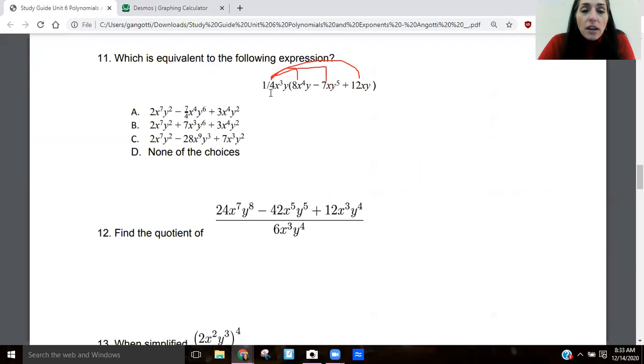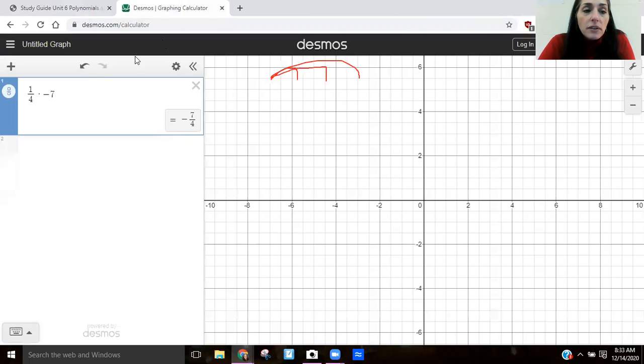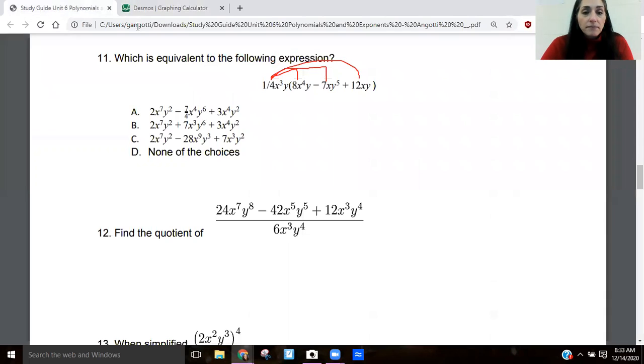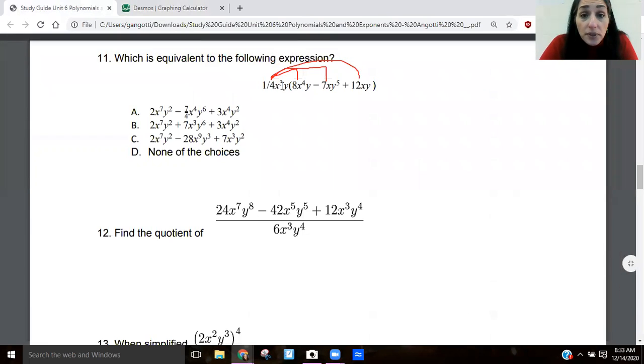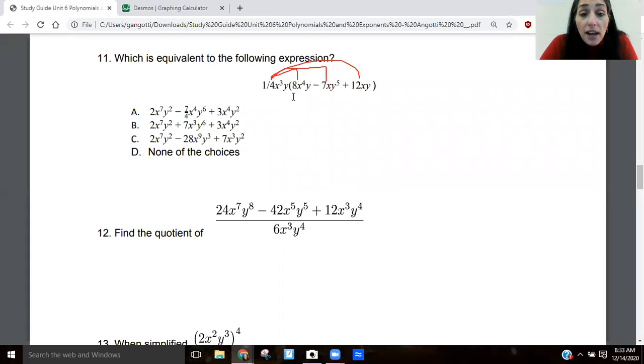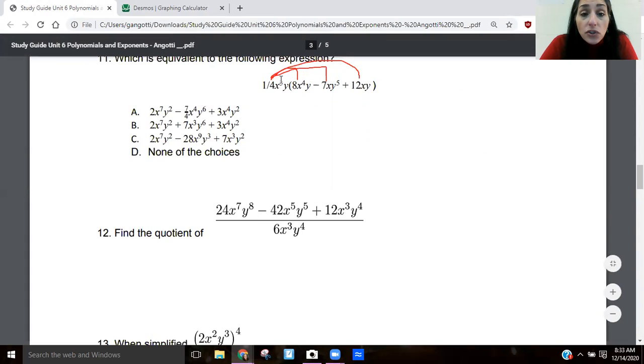But let's just double check. 1/4 times 12. If you put a 12 in here, 1/4 times 12 is 3. There's your last term. If you're checking the exponents, you're adding the exponents with these guys because when you multiply, you add exponents. So 3 plus 4 is 7.